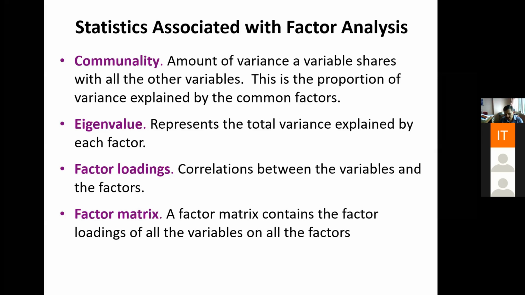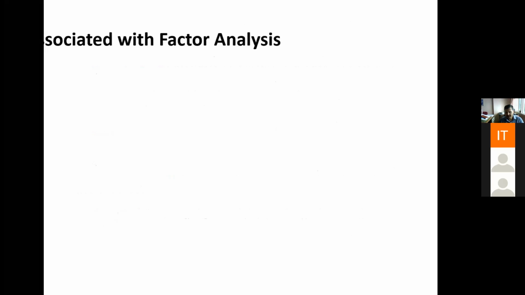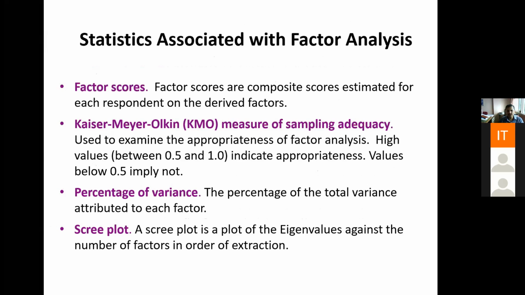Then comes factor loadings. Correlations between the variables and the factors is what factor loadings is. Will also be clear with the help of the output. Factor matrix. A factor matrix contains the factor loadings of all the variables on all the factors. ये भी समझ में आ जाएगा output के साथ. Then factor scores, they are composite scores estimated for each respondent on the derived factors.